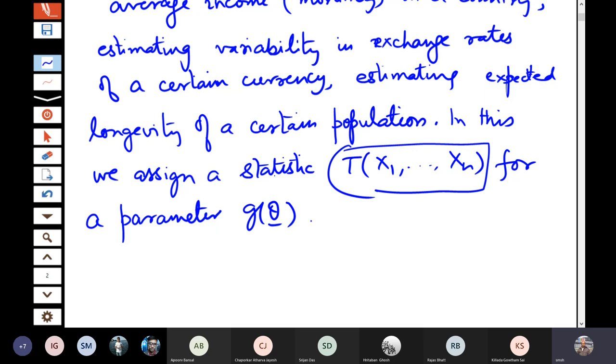Therefore, one needs to assign certain criteria that which one will be better in a certain situation. For example, if I say that for estimating expected income, I will use sample mean, and another person says I will use sample median, then what is the criteria through which we can say that this one is better? Then we look at that what gives a better information in a given situation.